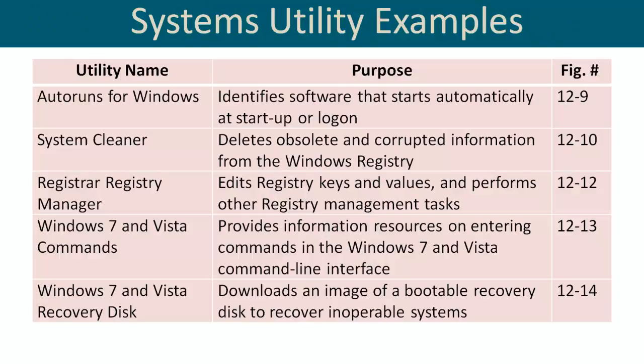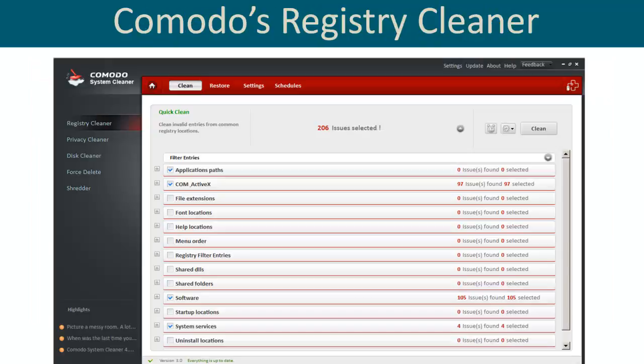All right, so here's some other suggestions. Registry cleaner, you want to use CCleaner, and some other ones. So here's Komodo System Cleaner. Most of these system cleaners aren't worth the time it takes to install them on your PC. So be careful about downloading anything like this.